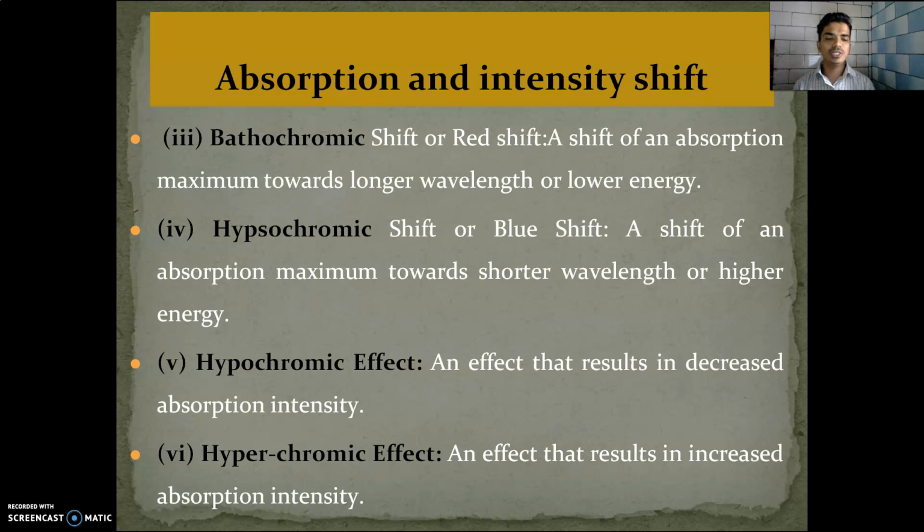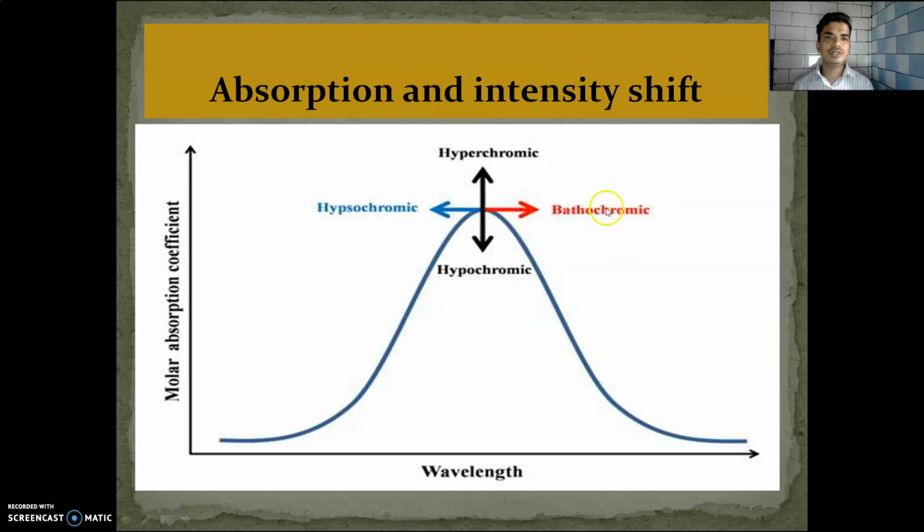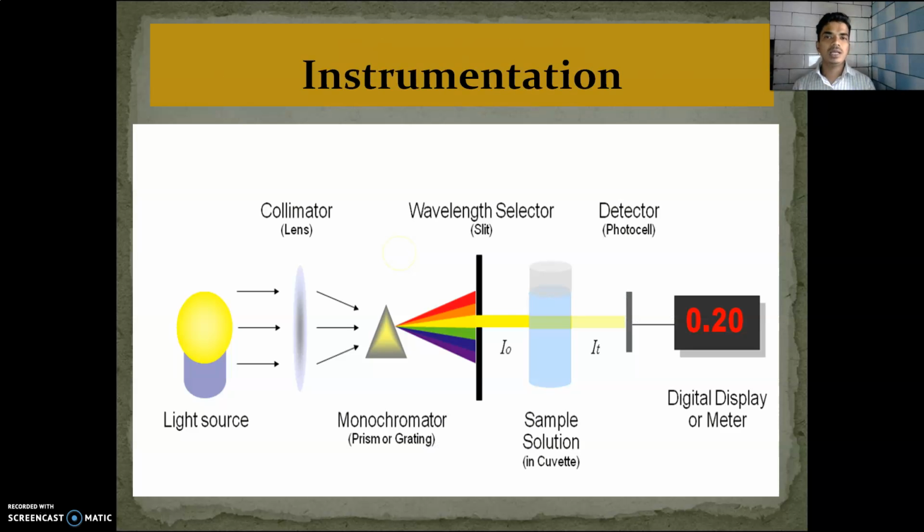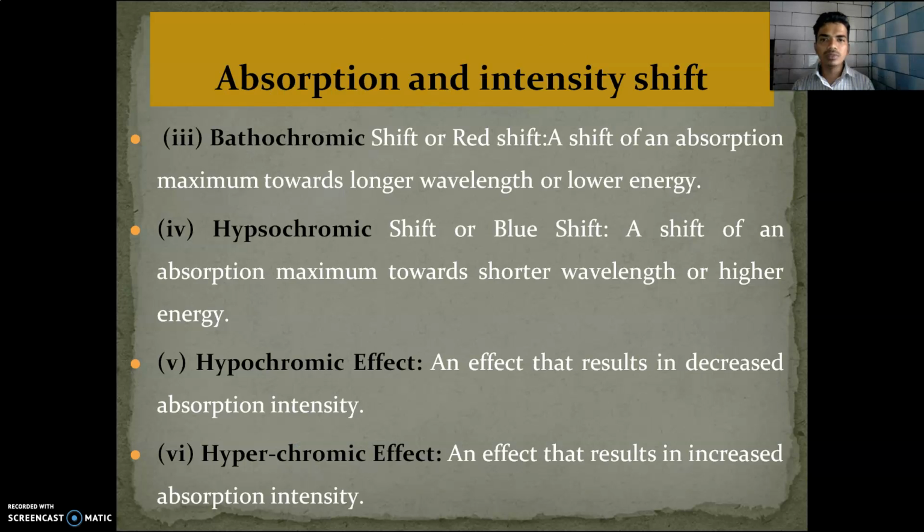Bathochromic is towards red and hypsochromic towards blue. Then remaining is the hypochromic effect, an effect that results in a decrease in absorption intensity.